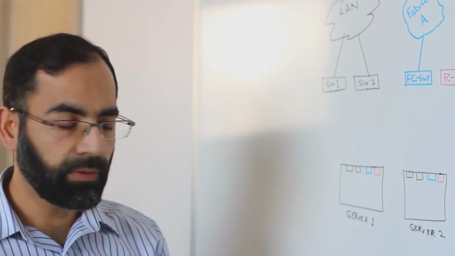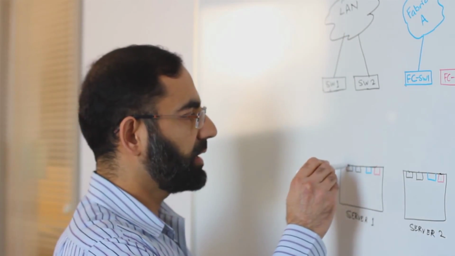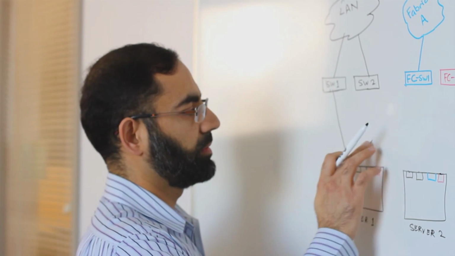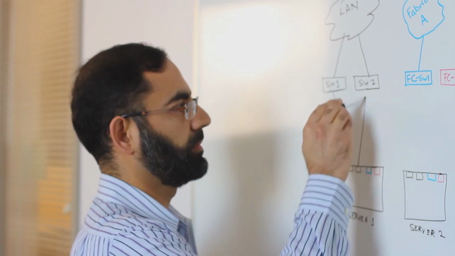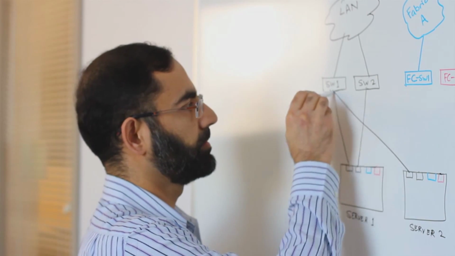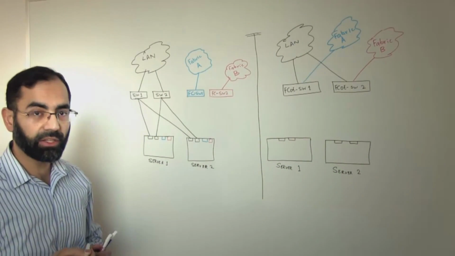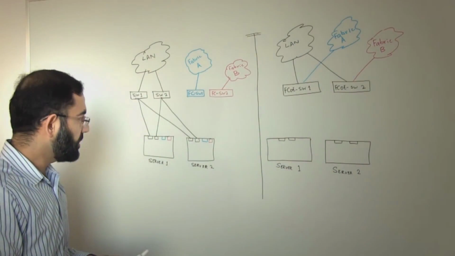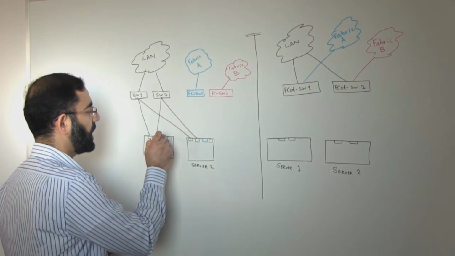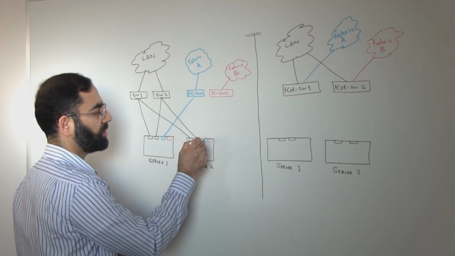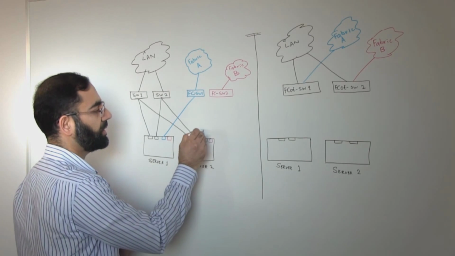So how are they connected today? Each server NIC is connected to a top of rack switch, like this, and like this. Now this completes our LAN connectivity. From SAN perspective, you have one adapter which is connected to one FC switch from another server.